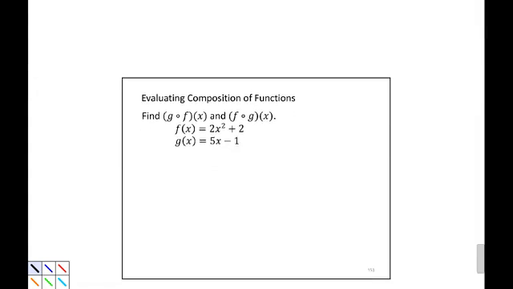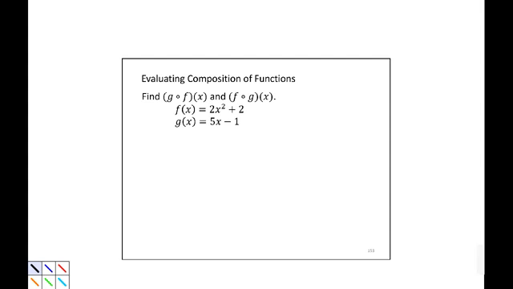Last couple of examples. They don't give us an input value. They ask us to find g of f of x and f of g of x. They don't tell us what x is. So what we're going to do is this. g of f of x means g of f of x.